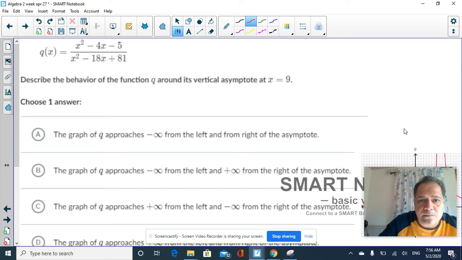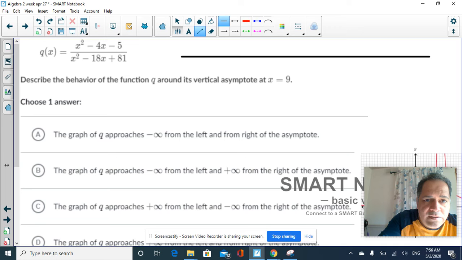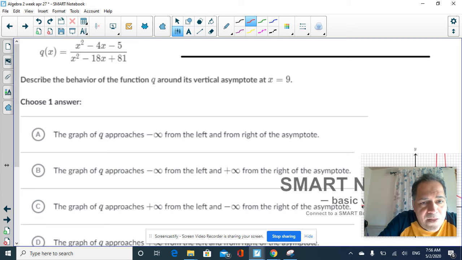Now, if you want to check with the algebraic method, what we are going to do is just factoring as we did before.